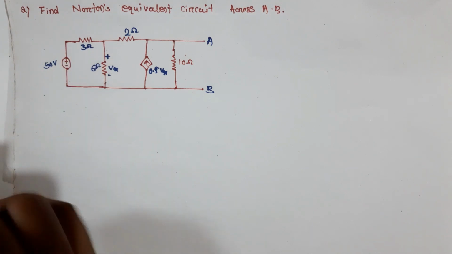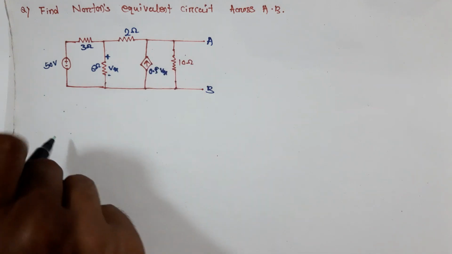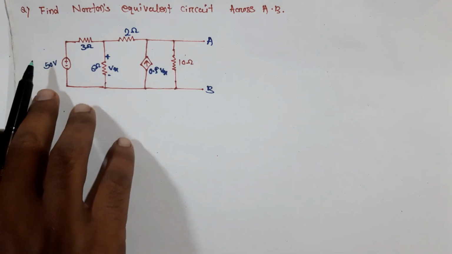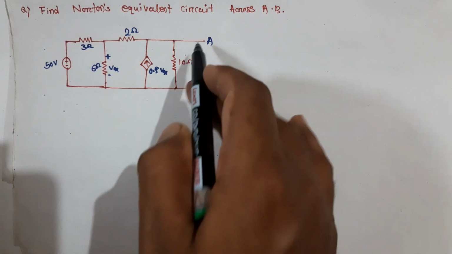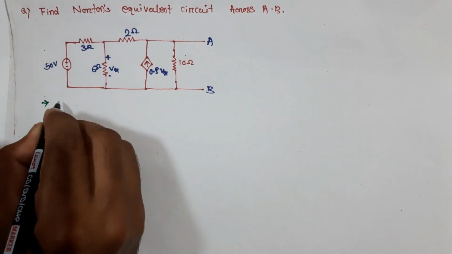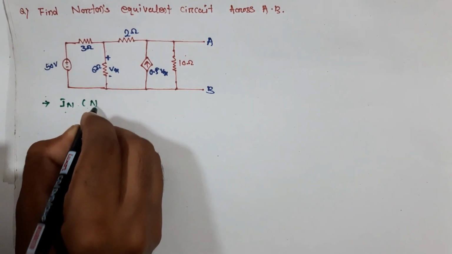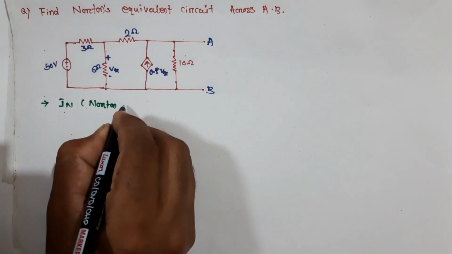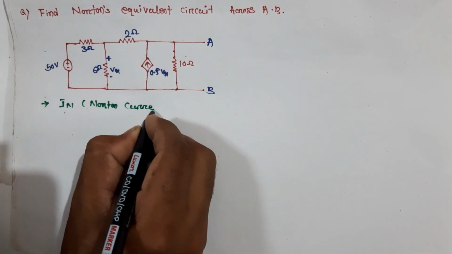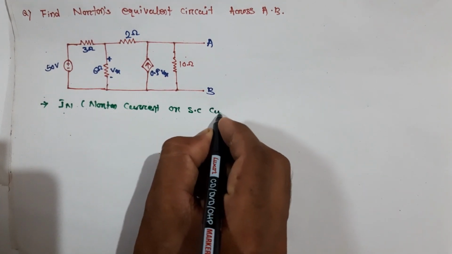Let's start. Here the question is given: find the Norton equivalent circuit across AB. To draw a Norton equivalent circuit we need two components. The first one is the Norton current, IN, or you can say the short circuit current.